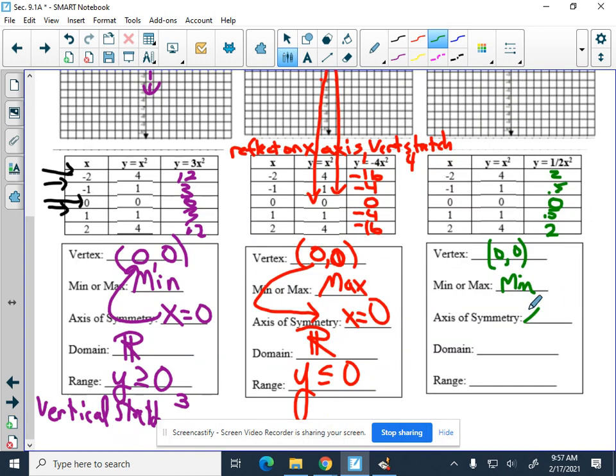Axis of symmetry, x equals what? Domain? Since it opened up, y is greater than or equal to 0. That's it in this section, isn't it, everyone?